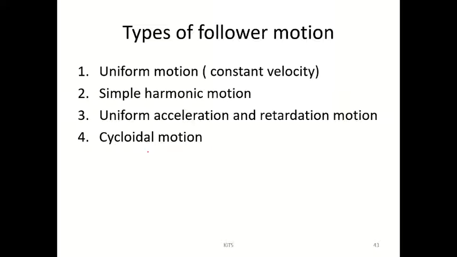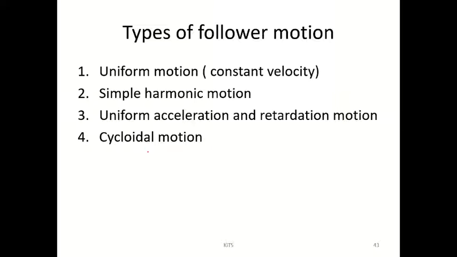There are four kinds of motion we are going to study in our syllabus, though there are many kinds. First one, uniform motion or constant velocity. Second one, simple harmonic motion. Third one, uniform acceleration and deceleration, otherwise called uniform acceleration and retardation motion.